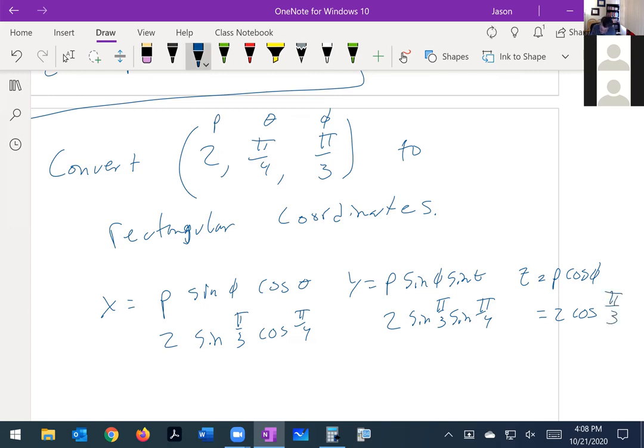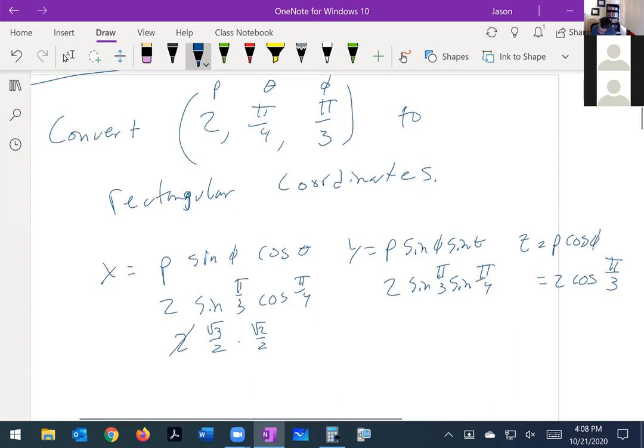Sine of pi over 3 is radical 3 over 2, right? So this is going to be 2 times radical 3 over 2 times radical 2 over 2, which is radical 6 over 2.